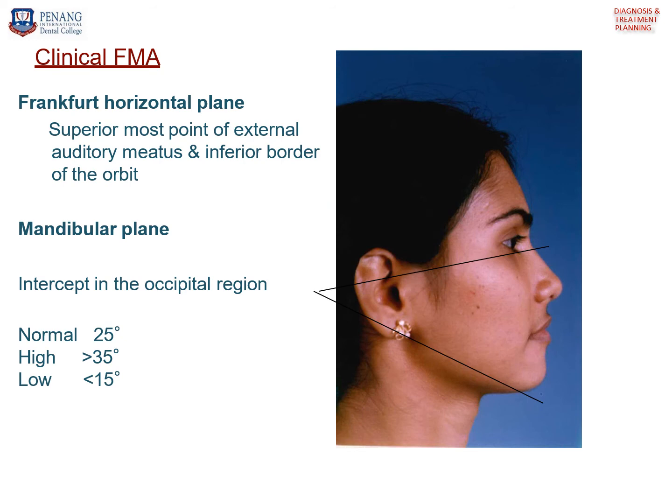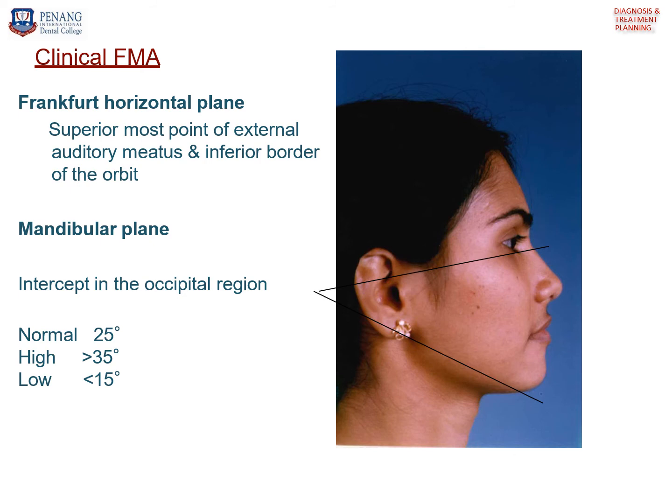What is a clinical FMA? A clinical FMA is the angle formed between your Frankfurt horizontal plane, which is a plane connecting your external auditory meatus to the inferior border of your lower eye, and your mandibular plane. This angle is called the Frankfurt mandibular plane angle.